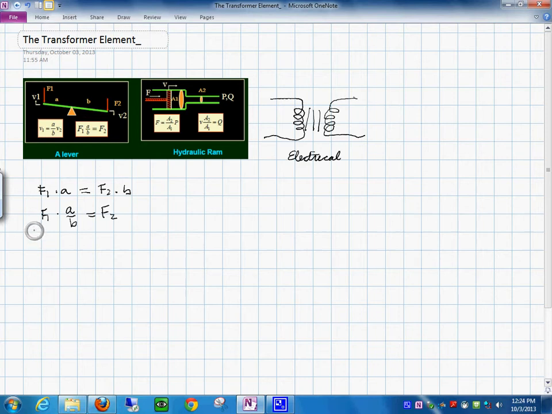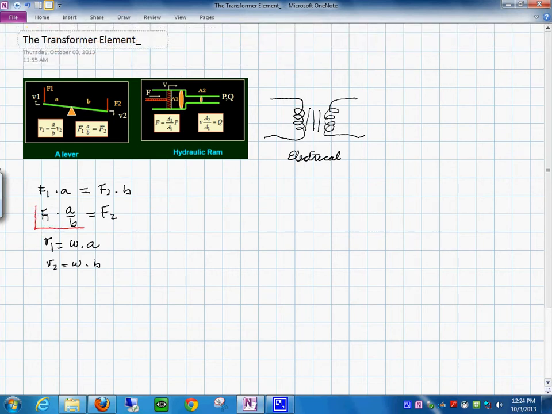But also you know that the velocity is the angular velocity times the radius. So you could say that V1 is equal to omega times A, and V2 is omega times B. Let's circle this so that we know what's important here.